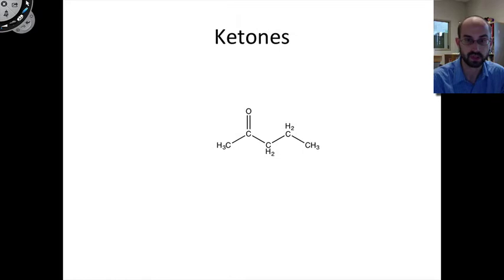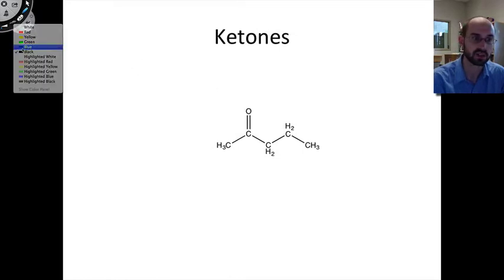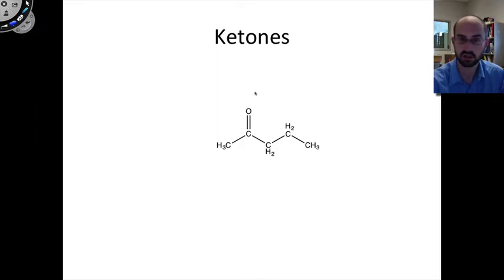Ketones have a suffix -one. Here we could number 1, 2, 3, 4, 5, or 1, 2, 3, 4, 5. It's going to be better to number from the left, as we've drawn here.